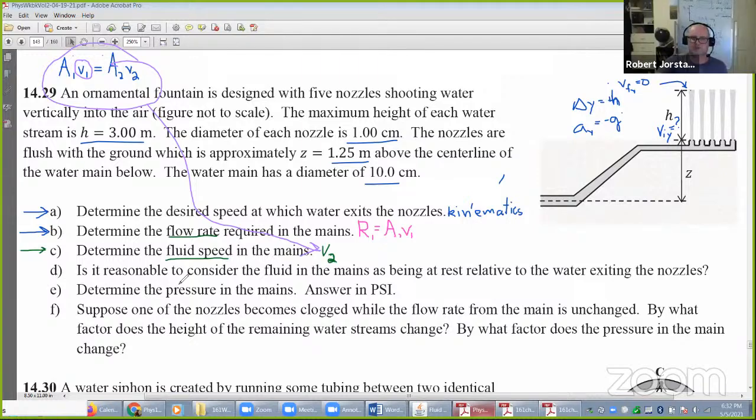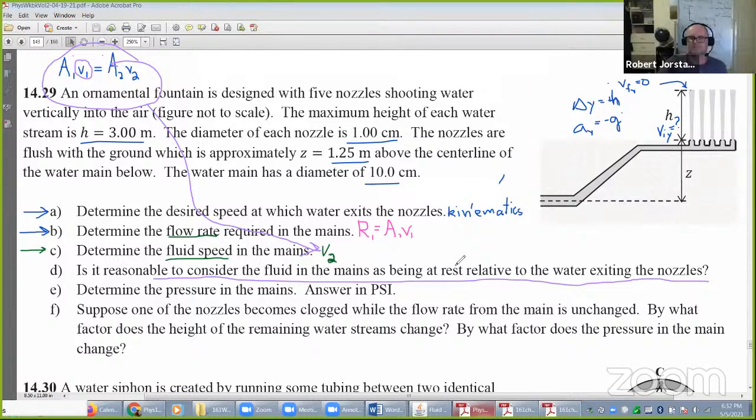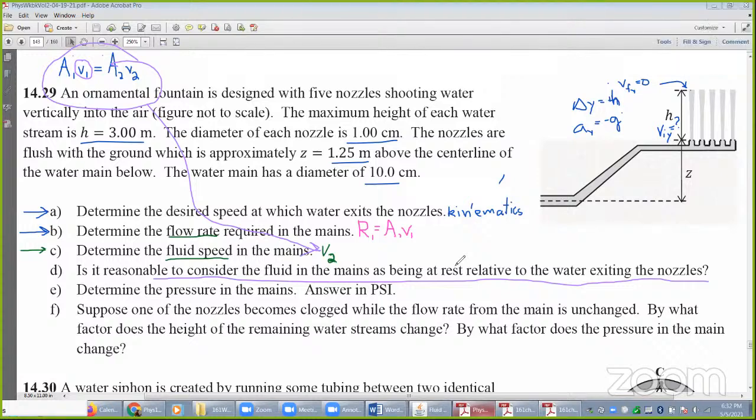Do you think it is reasonable to consider fluid in the mains as being at rest relative to them? What do you think? No. Why not? I mean, it's still moving, right? It's all pressurized.